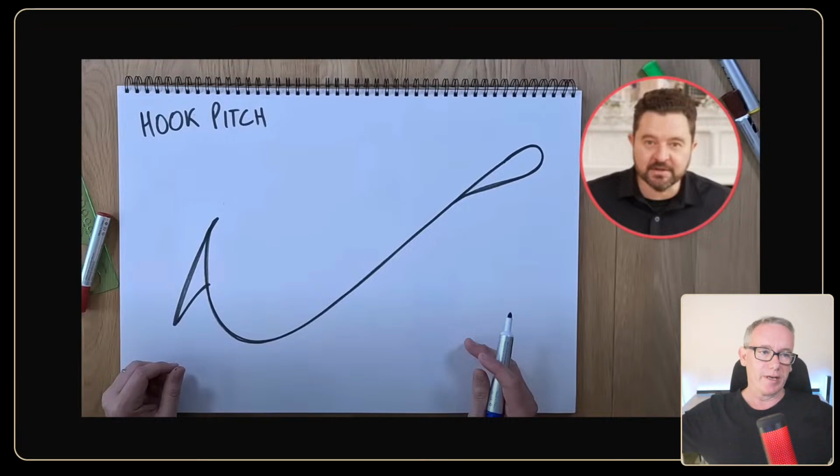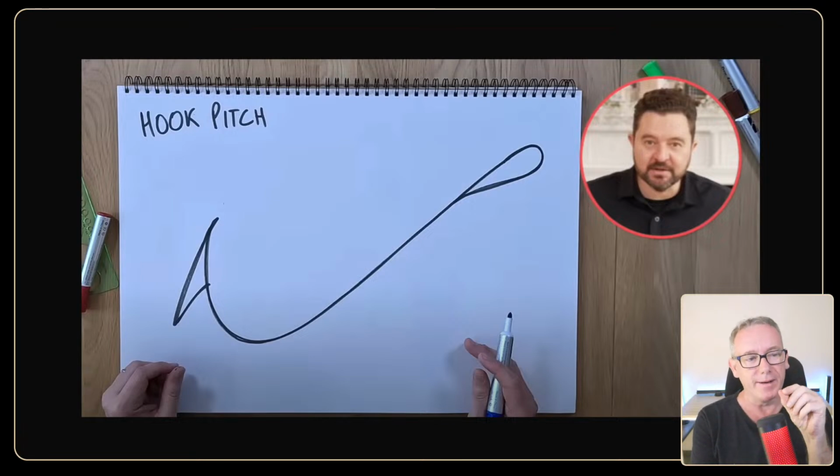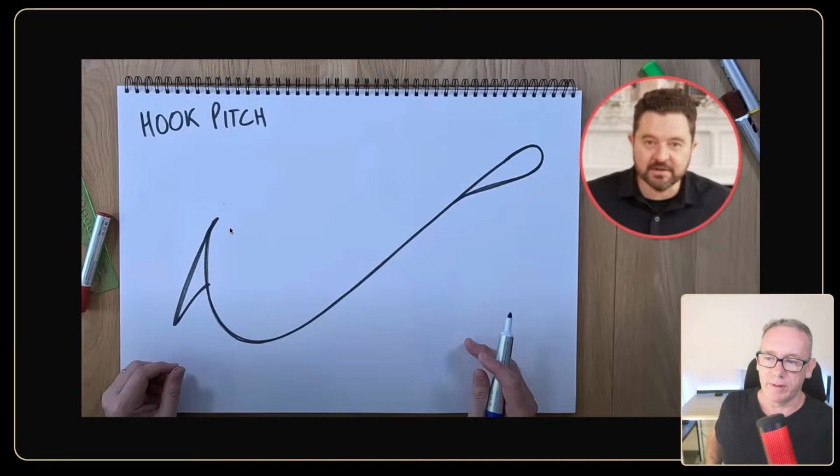He starts talking about this concept called the hook pitch, and you're seeing it right here. And he calls it a hook pitch because obviously it's a hook, but it's the shape of the hook that I found a little bit interesting. So he draws it from the top of the hook here, and it goes downwards.